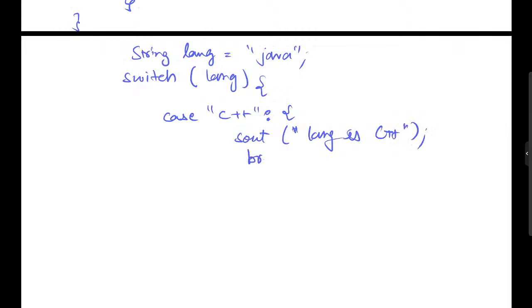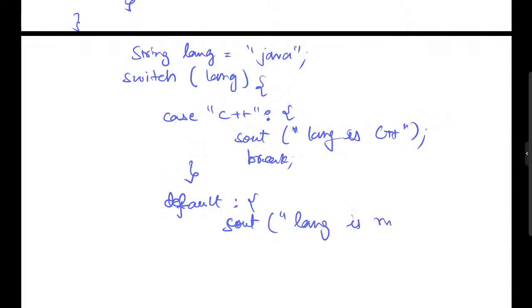That is how I'm going to write, and then I'm going to break. In the same way, now in default, I can just say S out, language is not recognized. Maybe something I can write. I can also write something else as well, right? And you can write break, or you don't need to. So this is how you have to understand this, right? Got it? So that is how you understand this.